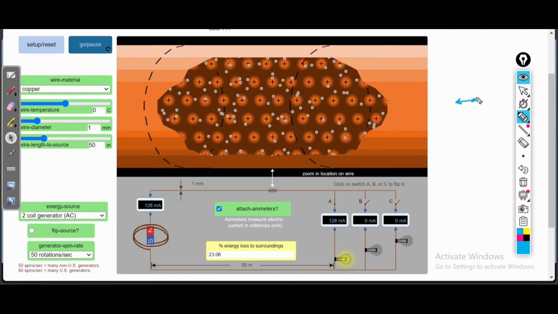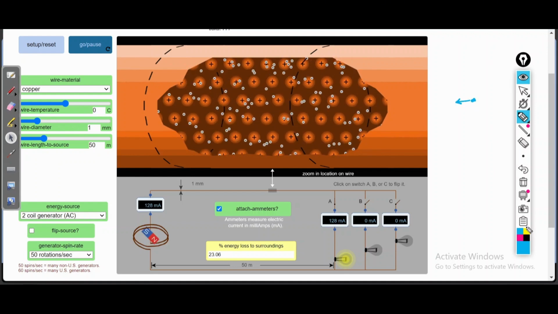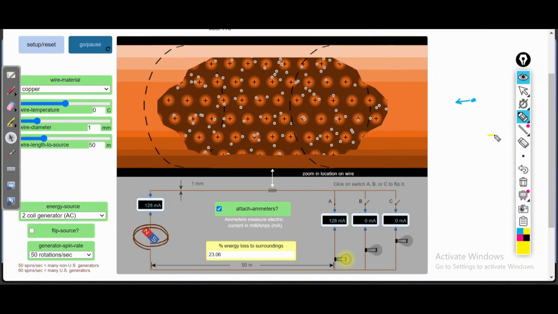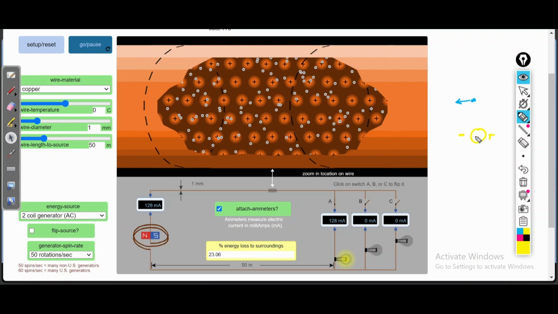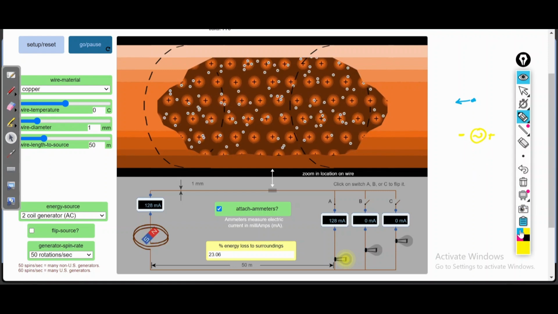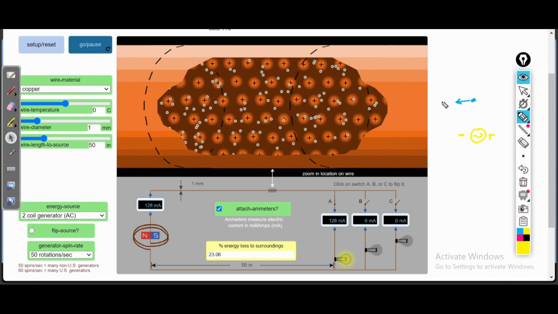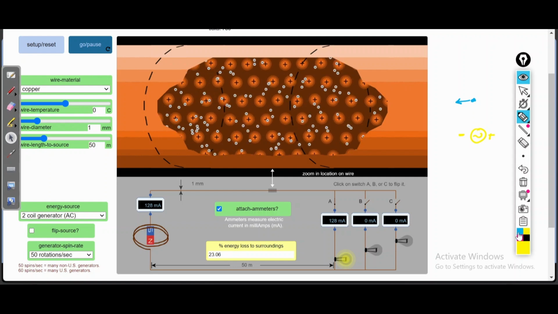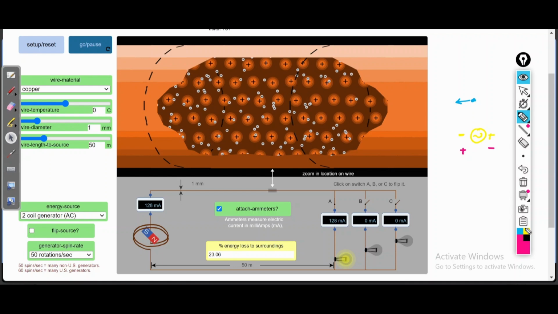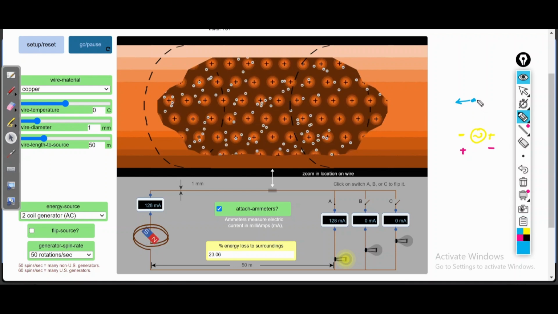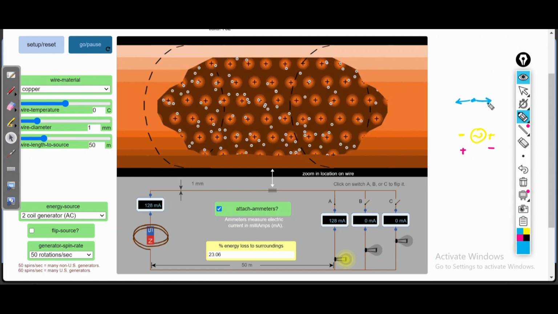If this side becomes positive and this becomes negative, this is the alternating source, then the electron will start motion in this direction. Now if this becomes positive and this becomes negative, again that same electron will flow in this direction, okay.